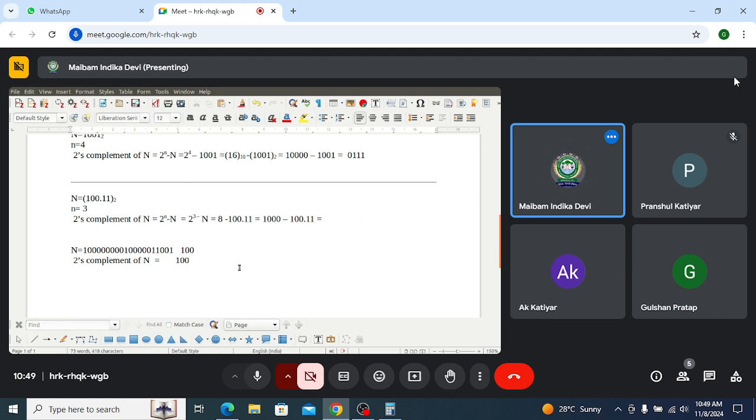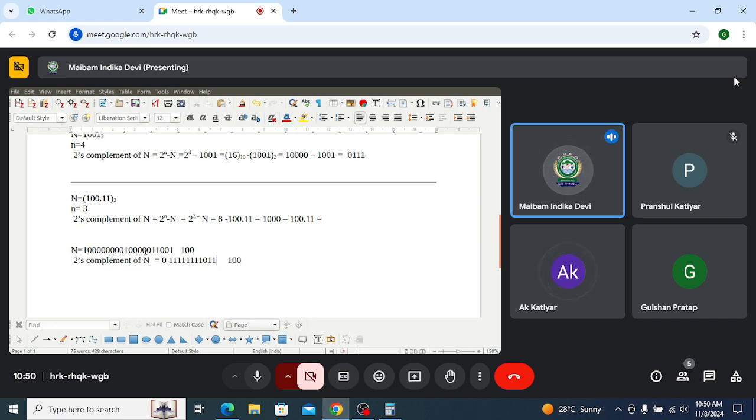So there is a 1 out here. The first is a 1, so you write 0. Then we have zeros. How many zeros out here? 1 2 3 4 5 6 7 8 zeros. So you will be writing 1 2 3 4 5 6 7 8 ones. Then you have a 1 out here, so it will be 0. Then how many zeros? 1 2 3 4 5 zeros.